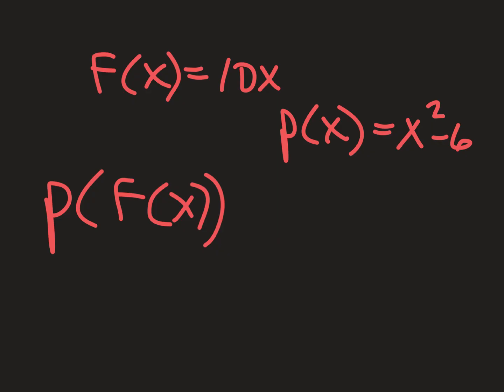Figure out what the inside is. It says f of x. Do you know what f of x is? I do. It's on the board. F of x is 10x, says right here. So I'm going to put a 10x right there.